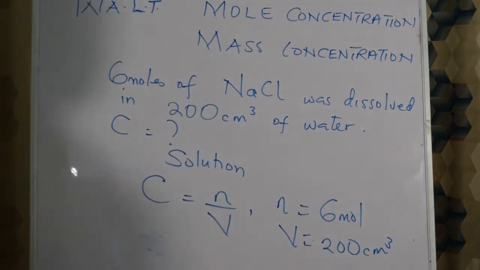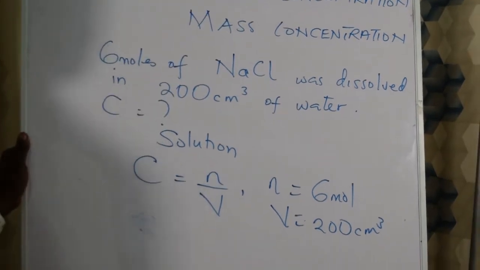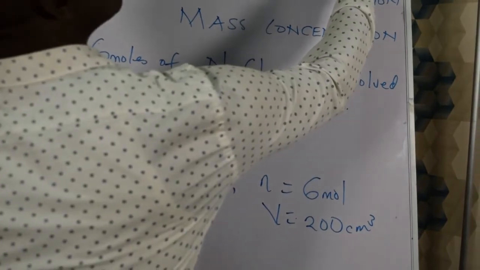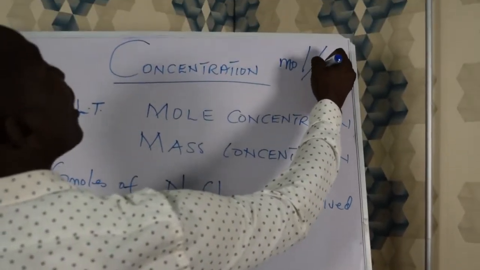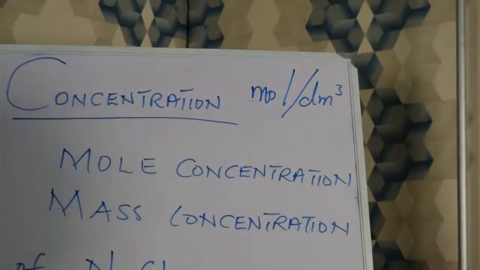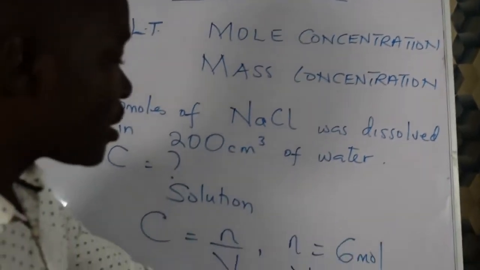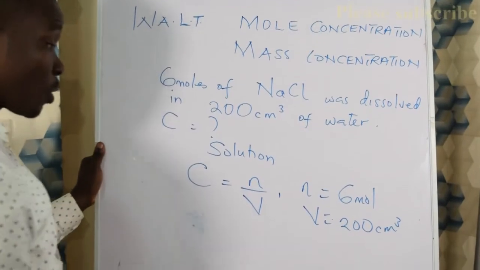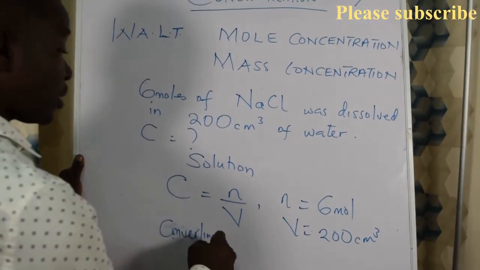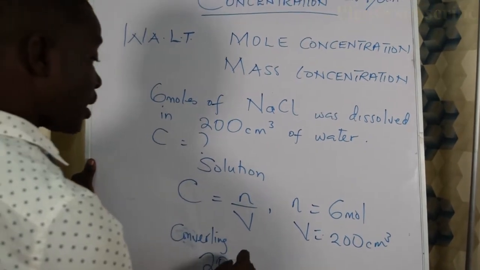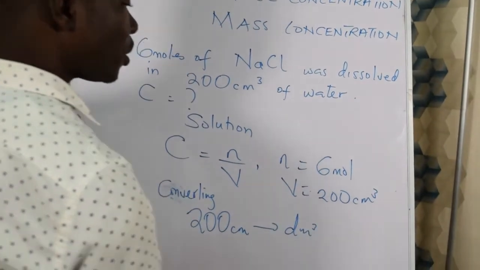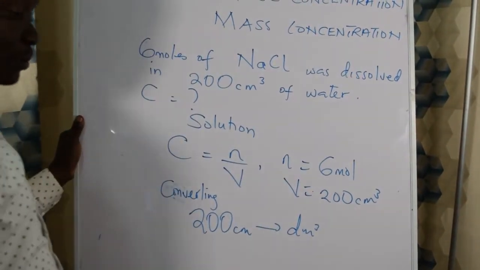Be mindful, when I started, I said that the unit for concentration is mole per dm cube. Note it. So here the volume is in centimeter cube. What you need to do is to convert. Converting 200 centimeter cube to dm cube, all you need to do is to divide by 1000.